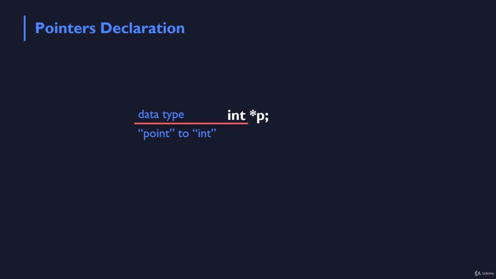All right, now we can take a look at this new star. We didn't see it previously, and this star indicates that we are not using just a standard variable like we've done with integers, but we are working with a special, unique pointer.